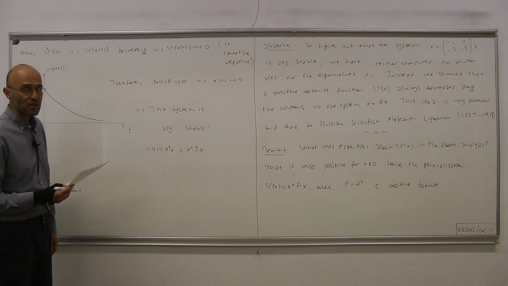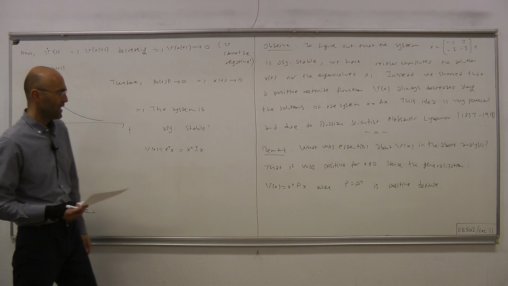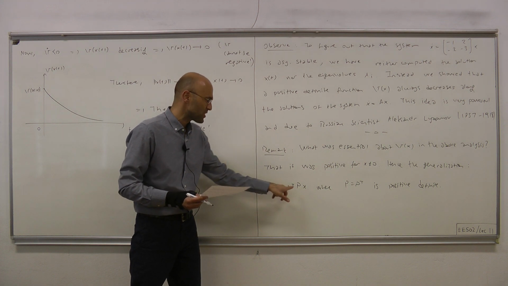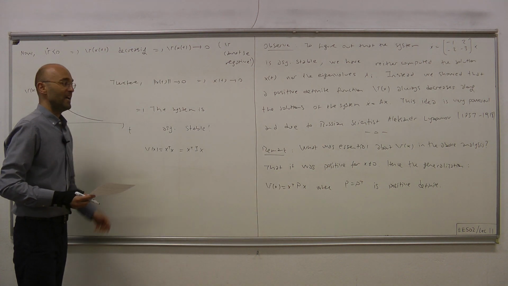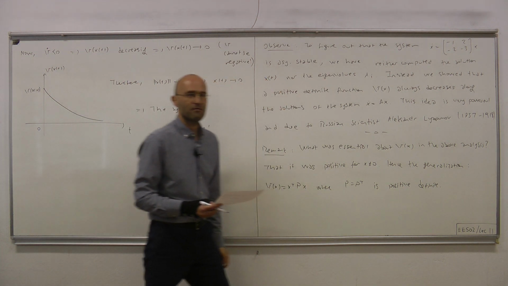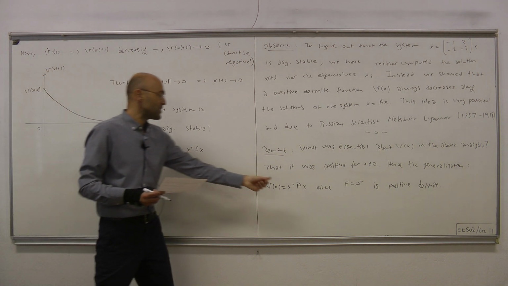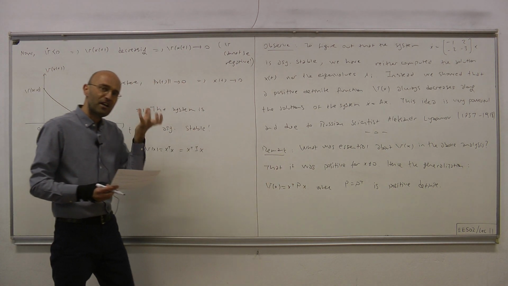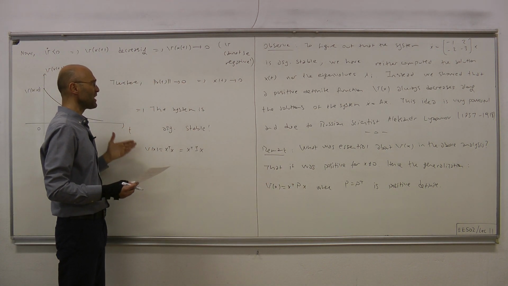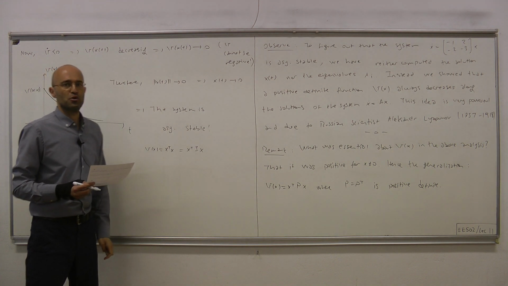But it turns out that for a generalized norm, in this case x transpose P x, then you have to take the square root, where P is a positive definite matrix, you can always find some P and construct some generalized norm which would decrease along the solutions of the system.